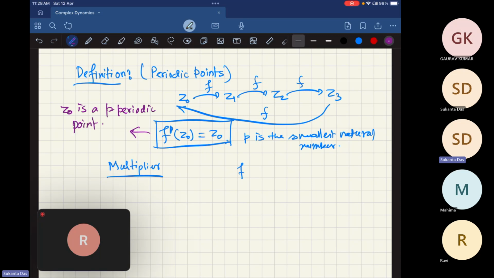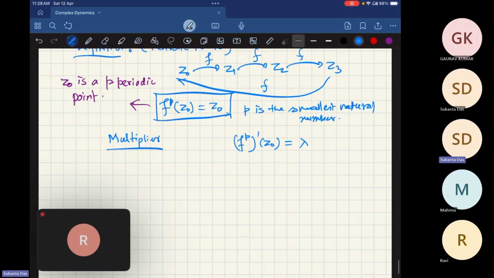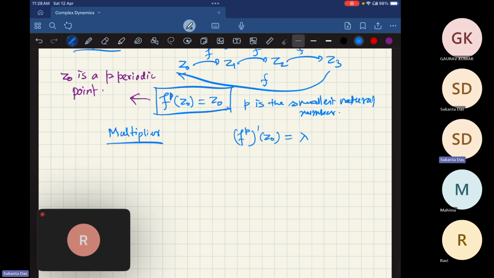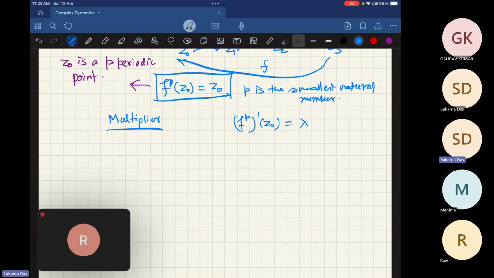The multiplier of a periodic point is the derivative of the function at the point z naught. I'll denote it by lambda. So take f^p and take the derivative of the function f^p at the point z naught and denote it by lambda. I'll say lambda is the multiplier of the periodic point z naught.